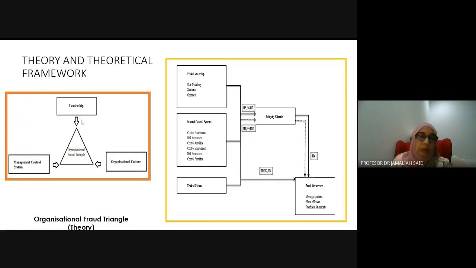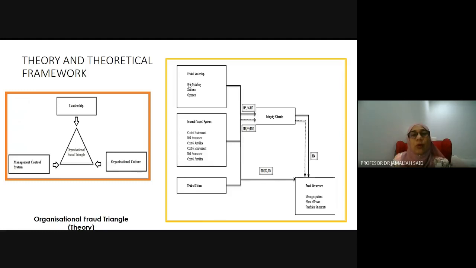From this theory, the three factors, the student converts into independent variables. These are what we call independent variables: ethical leadership, internal control system, ethical culture. But you notice that in the organizational fraud triangle theory, they don't define what ethical leadership is.